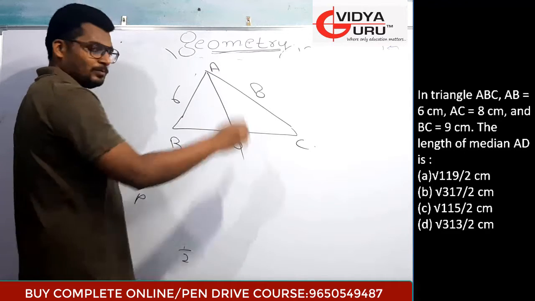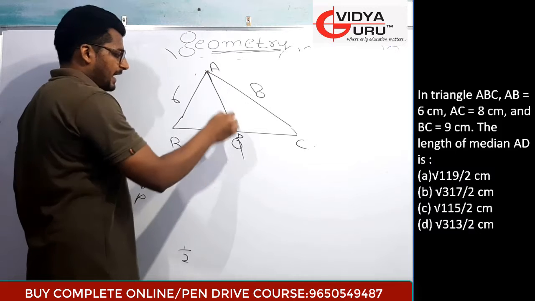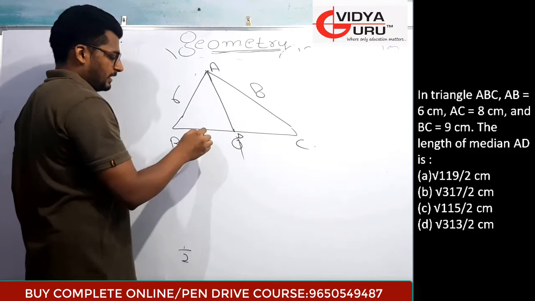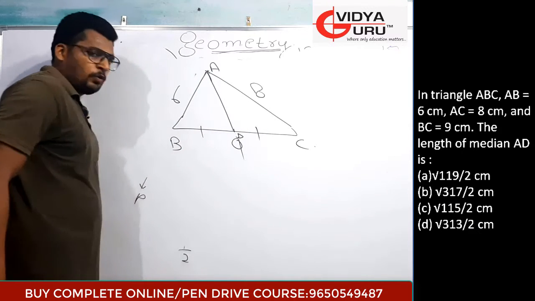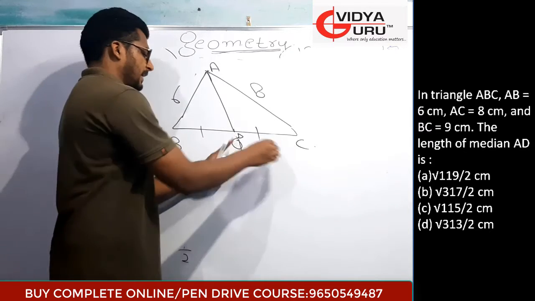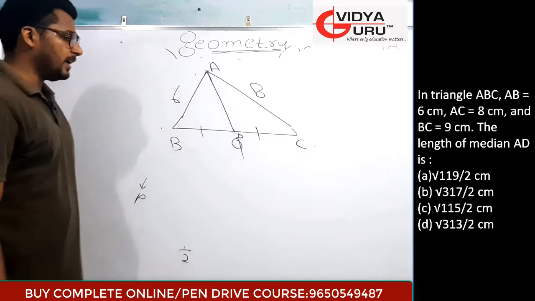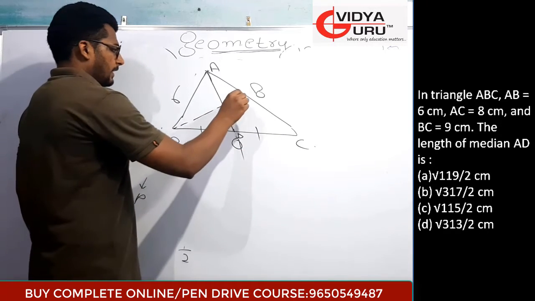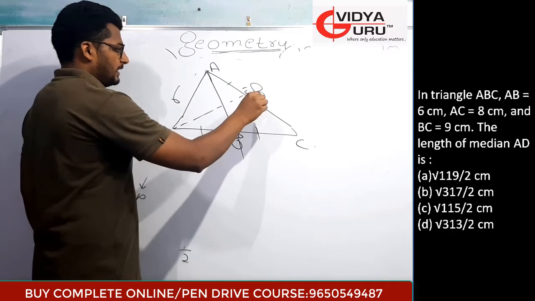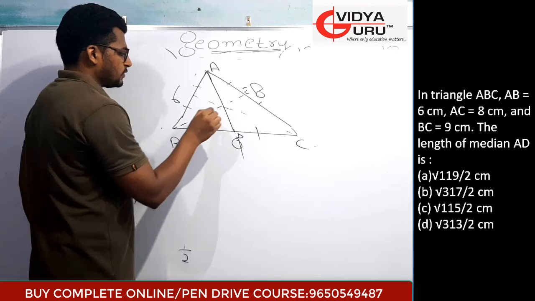What is a median? A median is a line which divides the opposite side into two equal parts. If AD is median, it divides BC into two equal parts. If BE is median, it divides its side into two equal parts. If CF is median, it also divides its side into two equal parts.